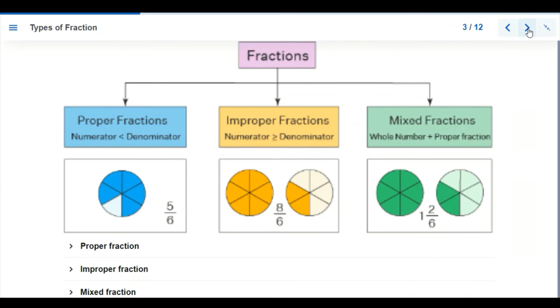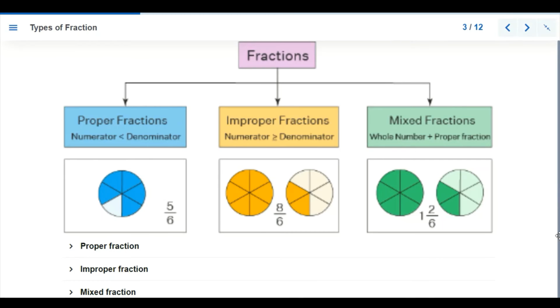With that, we want to look at types of fractions. We have three types of fraction that we're going to be looking at in this slide. We have proper fraction, we have improper fraction, and we have mixed fraction.